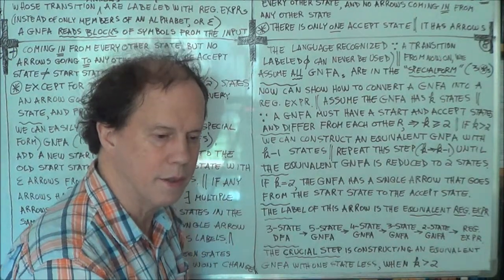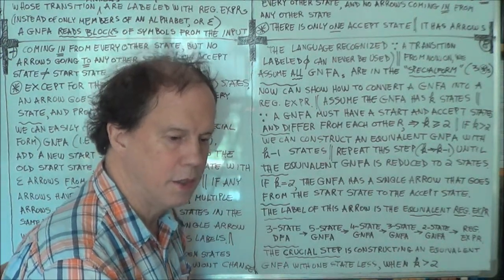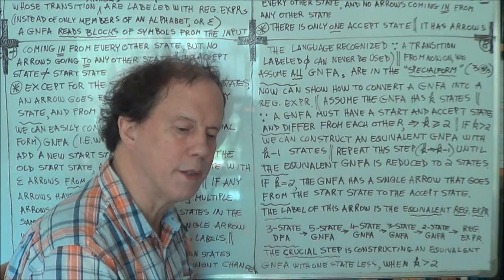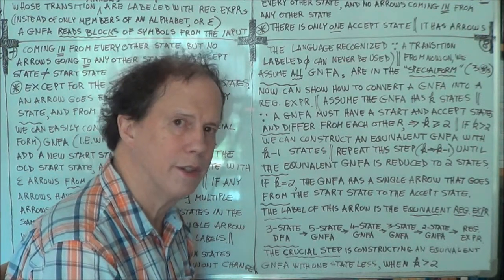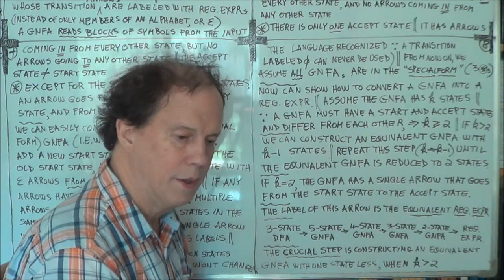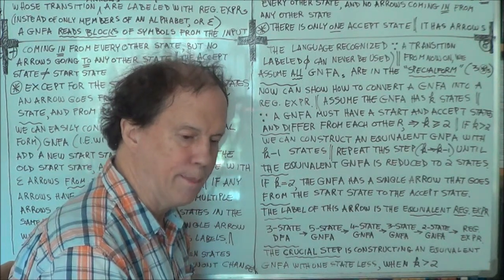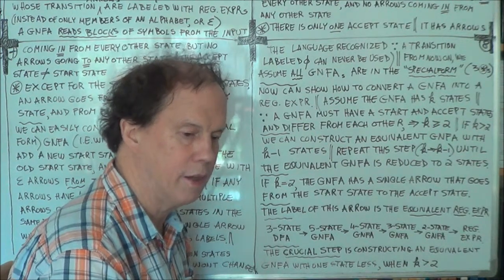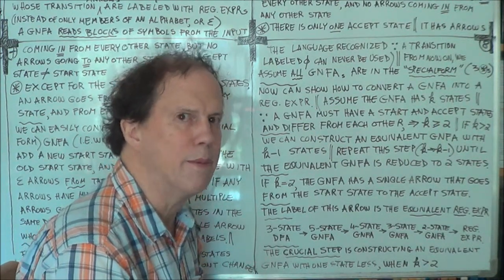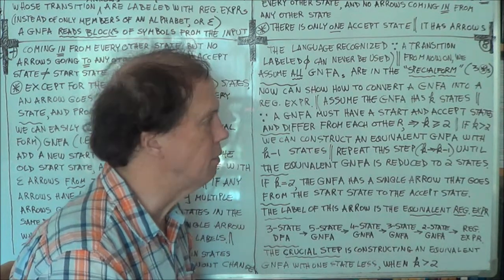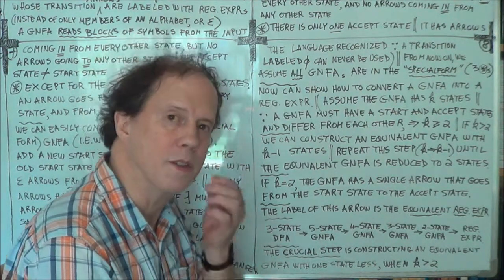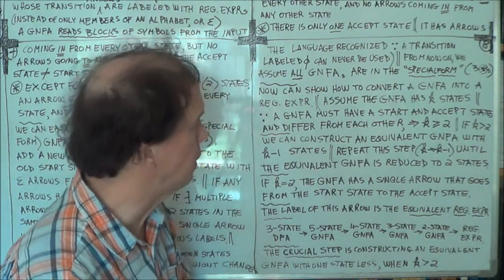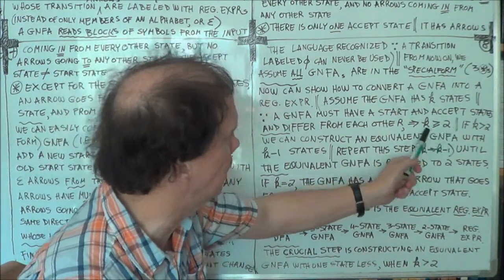Now remember, the accept state and the start state have to be different, and therefore the number of states in your GNFA has a minimum of 2. So if k is the number of states in your GNFA, then k must be greater than or equal to 2.